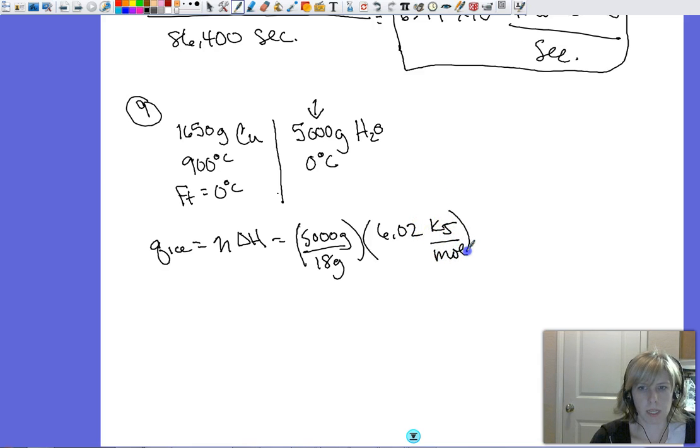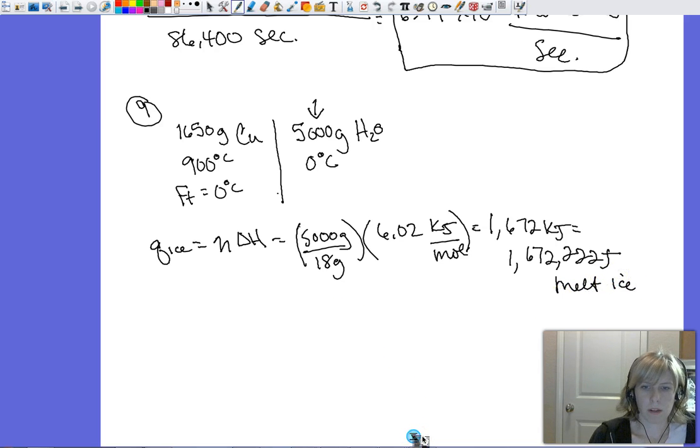So that's the molar heat of melting. And that equals 1,672 kilojoules, or 1,672,222 joules to melt all that ice.